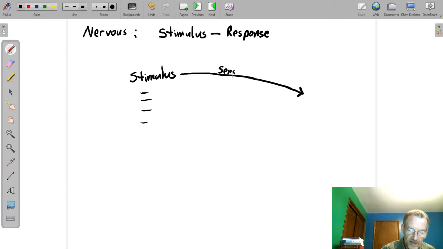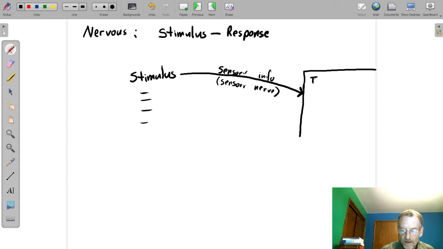So this is the sensory info, and it's traveling through sensory nerves, sensory nerve fibers. And then it comes to some sort of integration center, which is our brain. The brain decides what to do about it.